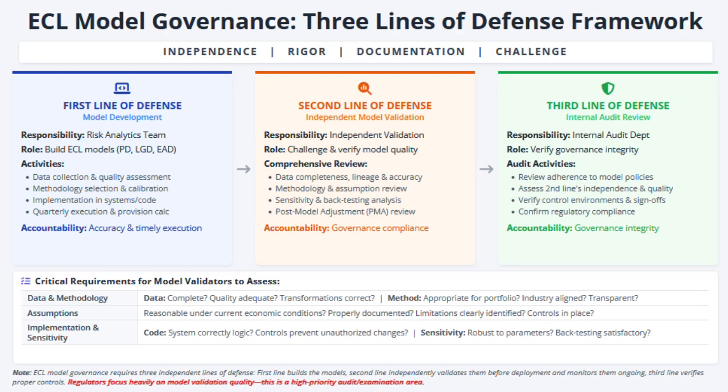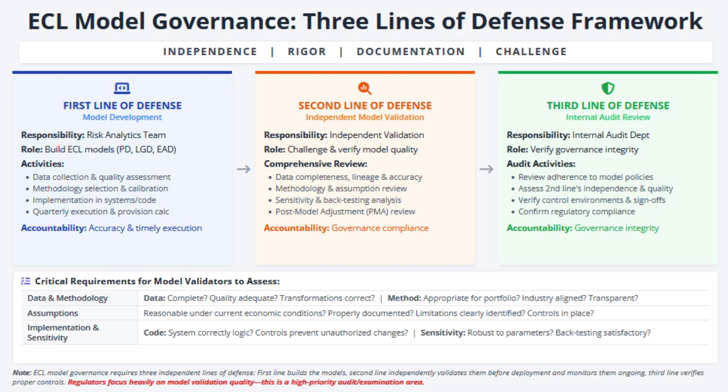They will identify all the subjective assumptions and evaluate whether controls around those assumptions are adequate. They will review the documentation to ensure it's detailed enough for an independent reader to understand and potentially replicate the model. The third line is the internal audit, which reviews both the developers' and the validators' framework to ensure compliance with the policies and the regulatory requirements.